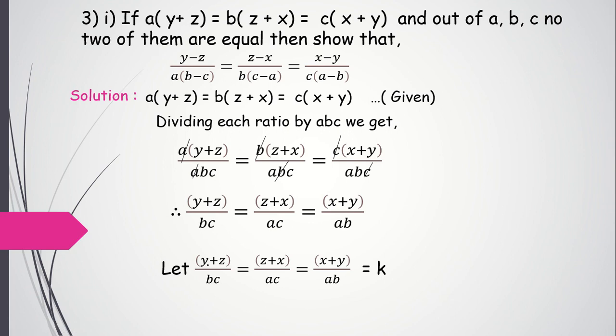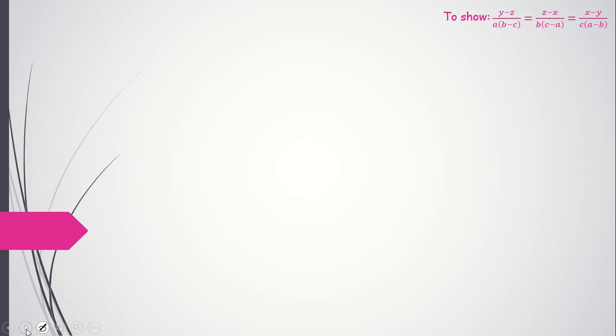So we will assume this to have some value. Now earlier when we learned the theorem on equal ratios, the value of each ratio was half at that time. Some number it is, right? So here we assume the value of each ratio is some value K. So let's see how we do it. We keep this in front of our eyes that we want this, and we are going to start from this.